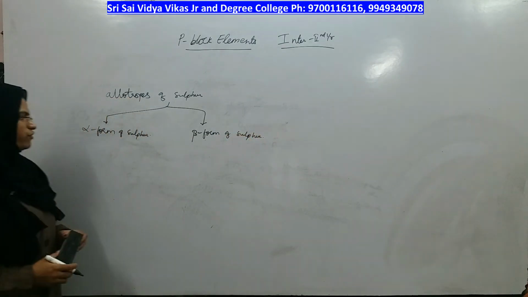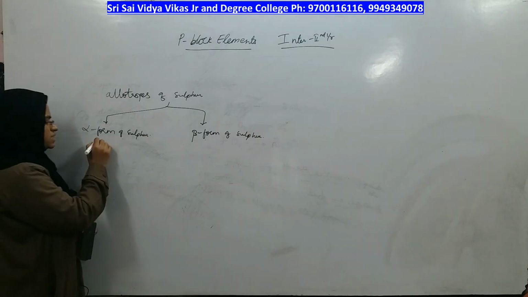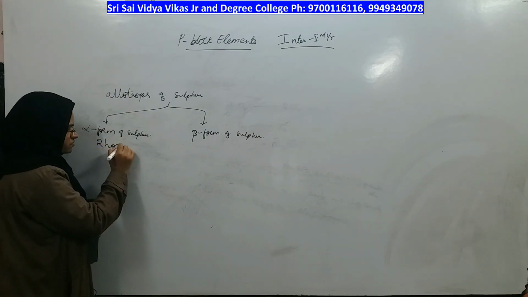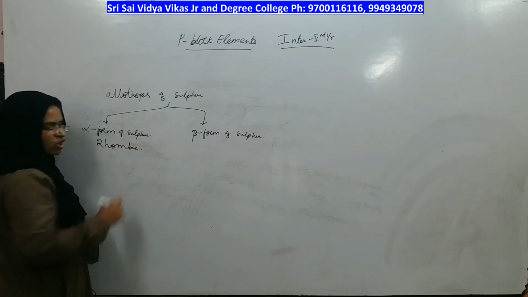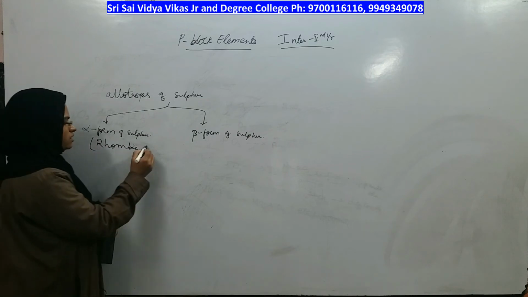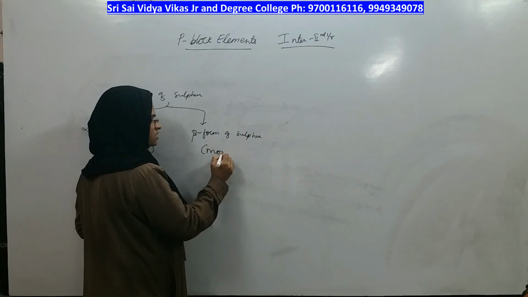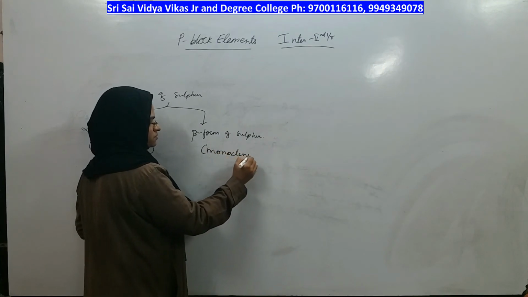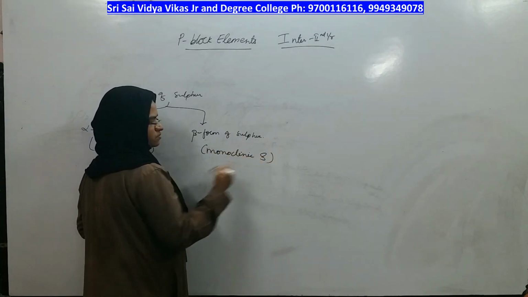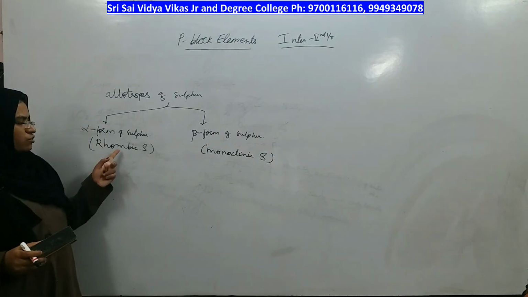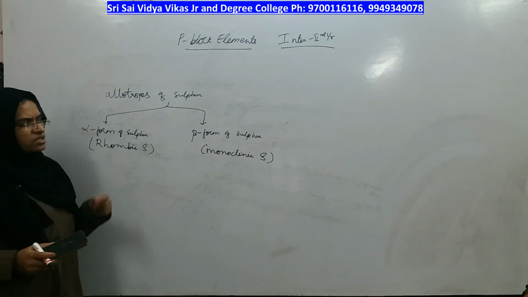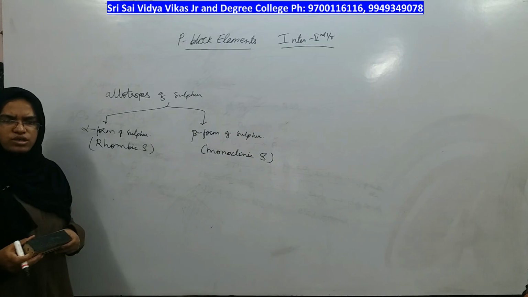What is the shape of the alpha form of sulfur? It is rhombic, or yellow sulfur, we call rhombic sulfur, and this one is called monoclinic sulfur. Right? One allotrope is called rhombic sulfur, the other allotrope is called monoclinic sulfur.